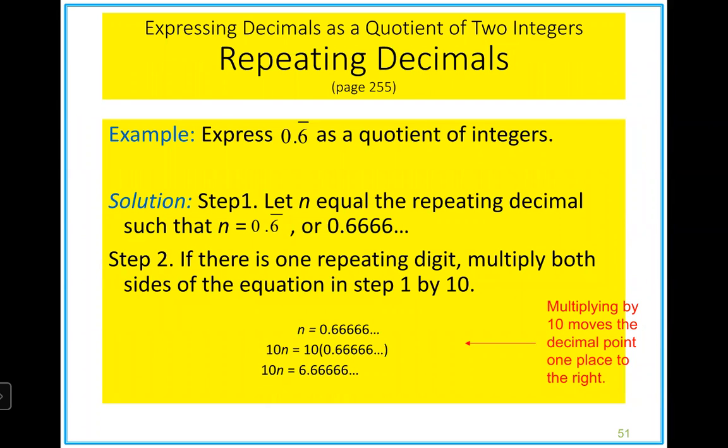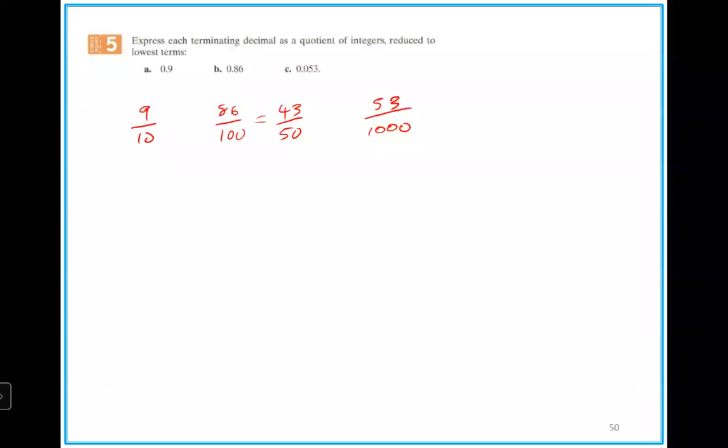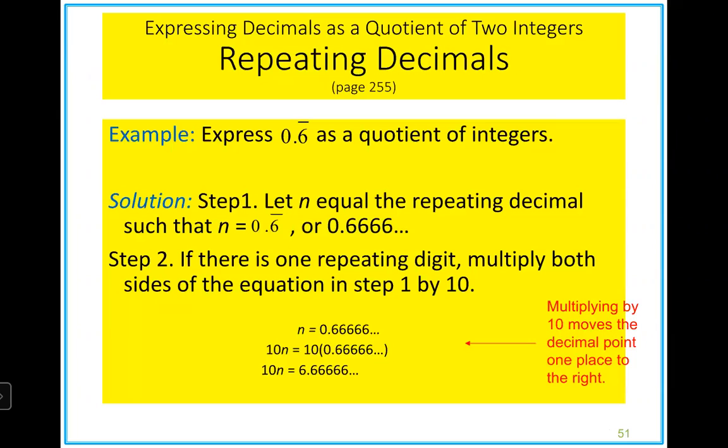Because what we were doing just now, we were looking at decimals that did not repeat. We were looking at terminating decimals to change into a fraction. But when you have repeating decimals, how do you change those into fraction form?